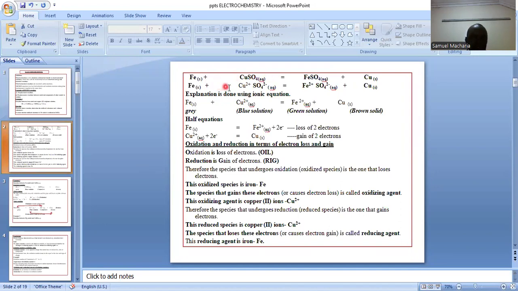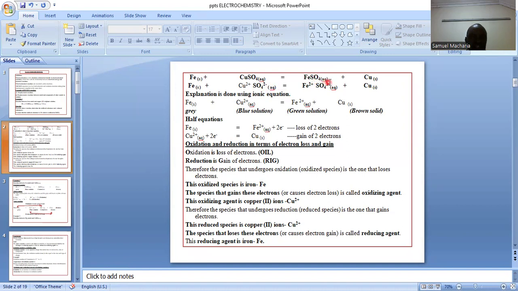So I now want us to look at this reaction critically, and at the ionic equation emanating from it. Let us reflect on how we were writing ionic equations. We look at the substance that is in aqueous state, like the copper 2 sulfate, and separate it into its constituent ions. Copper 2 sulfate has copper 2 positive ions and sulfate 2 negative ions.